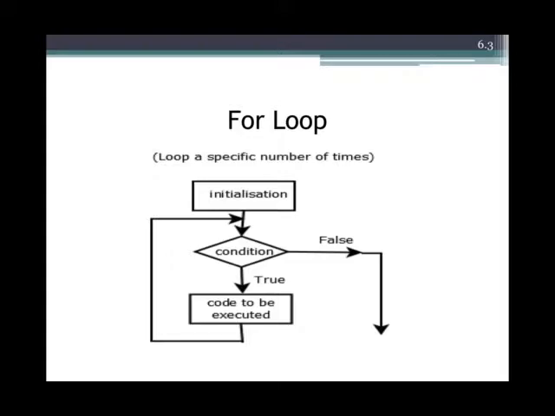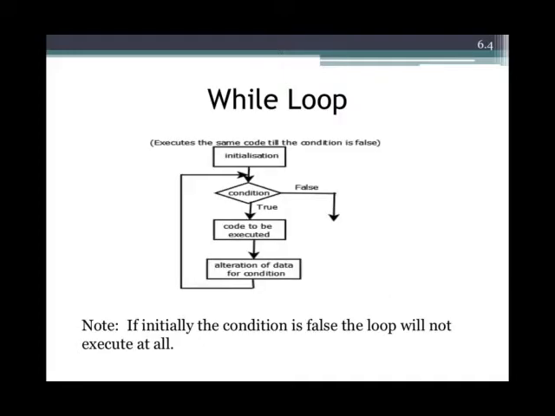Now we go to the first of the loops, which is called a for loop. In a for loop, as you can see from the flow chart, we need an initial condition, which we call initialization. We assign a variable or a constant value. A condition is checked. If it is true, code is executed. Otherwise, we exit and move on to the code outside the loop.